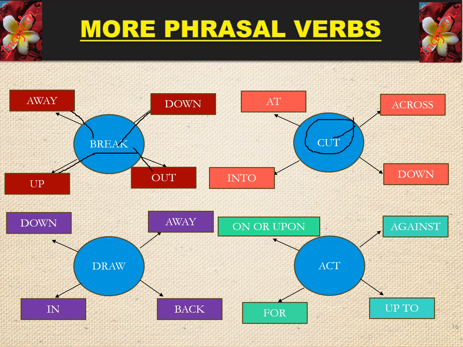Cut across, cut down, cut into, and cut at. In the same way, these two are draw and act. Okay, these are phrasal verbs. There is a long list of phrasal verbs. I will definitely share a list of phrasal verbs, and we have to remember these all.